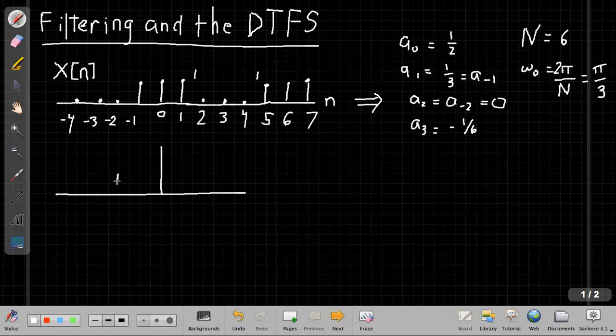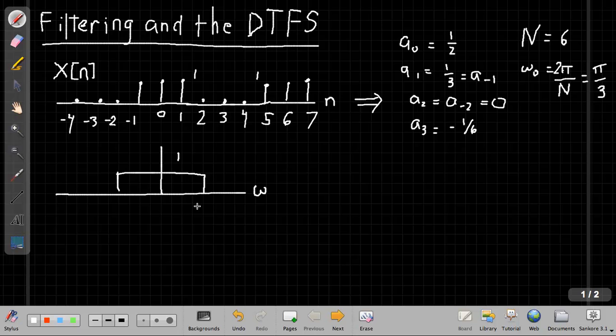So I'm going to have a filter. It looks like this, where the gain is 1. This is my omega axis. Oh, that's a terrible omega. Try that again.